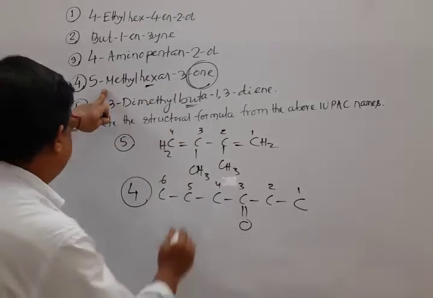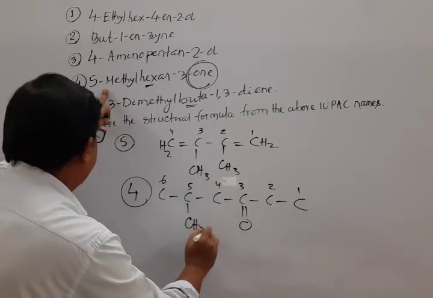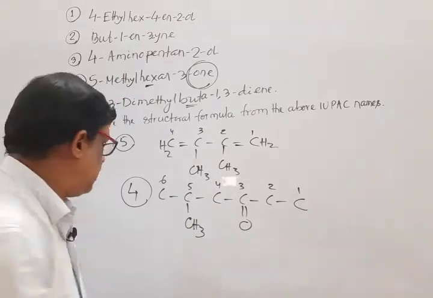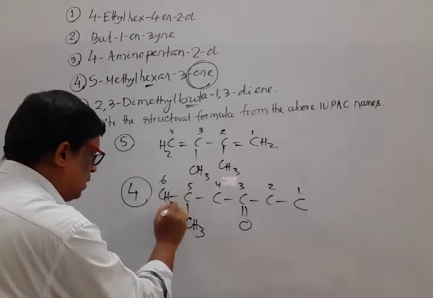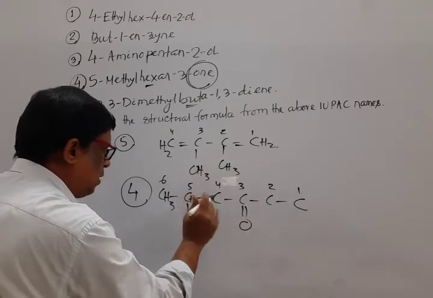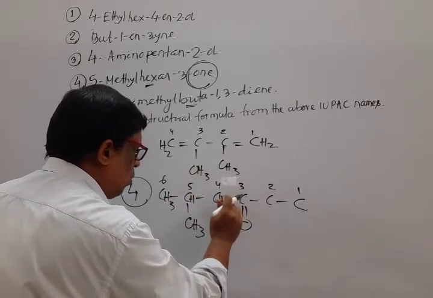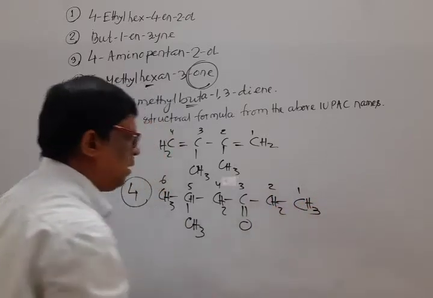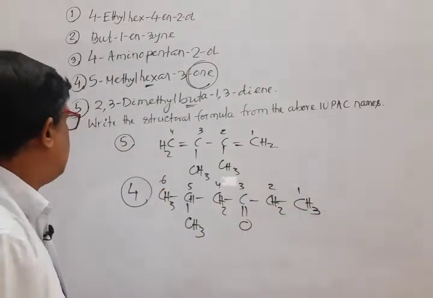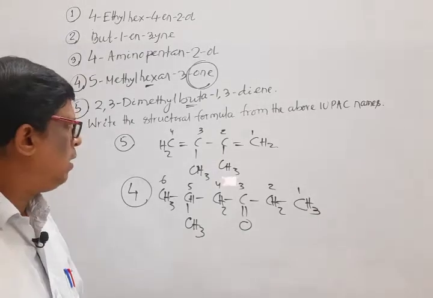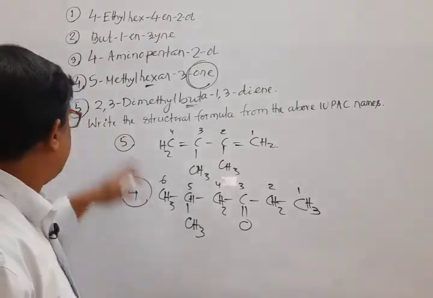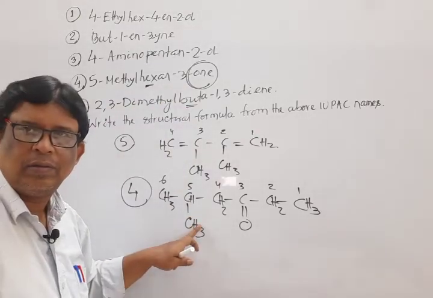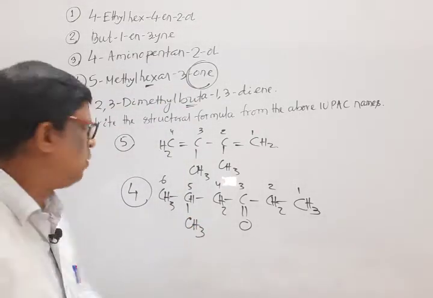Yes. 5 position, 1 CH3. Okay. Next, satisfy the tetracovalency. It is CH3, then CH2, and H3 at the end. So it is known as 5-methyl hexan-3-one. Okay, any doubt? No, good.